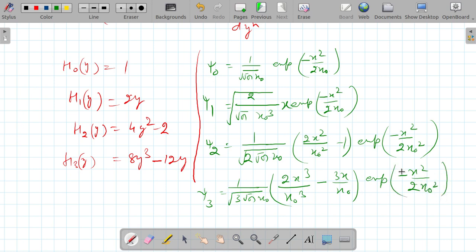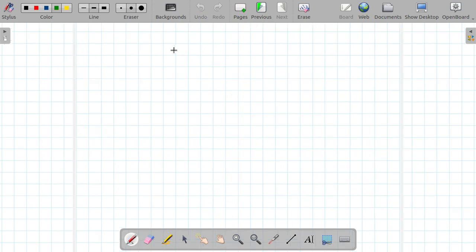So this is how we can write down various wave functions. Now let us look at all this graphically, let us look at the graphical representation.